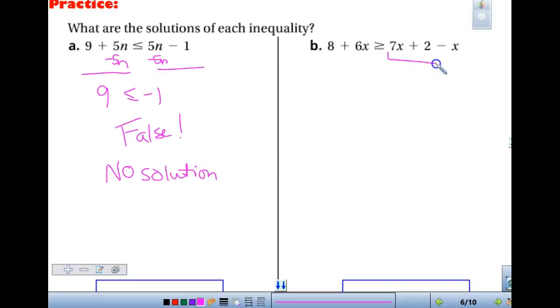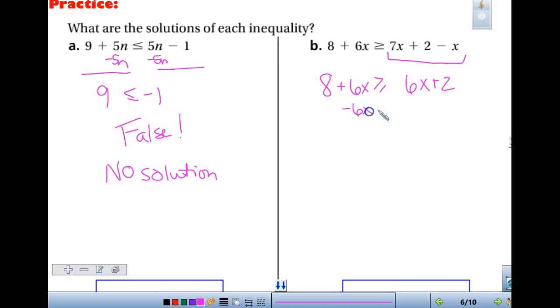On this one, Nick, first thing I want to do is add my like terms on that side. So I'm going to rewrite it as 8 plus 6x is greater or equal to, adding my like terms, what do you get? 7x plus 2. Or 6x plus 2. Jacob, my next step in solving this, what would you do?